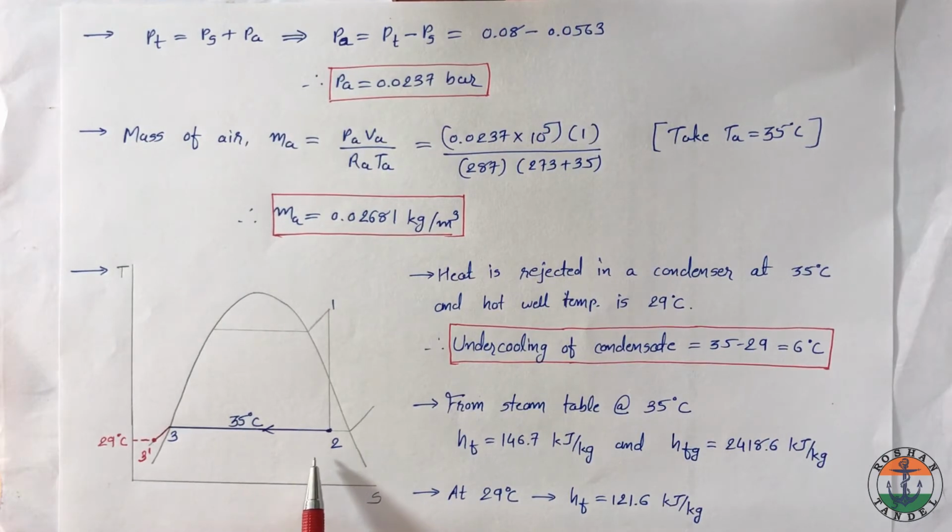Here, heat lost by steam is equal to enthalpy of steam at point 2 minus enthalpy of water at point 3 dash. So, you have to find HF and HFG from steam table at 35 degrees Celsius and value of HF at 29 degrees Celsius.